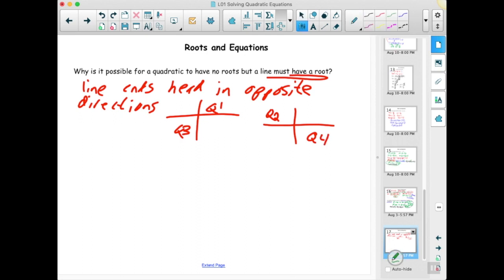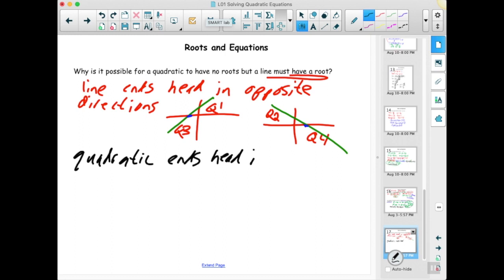So the line can start here, and it can end there, or it could start here and end there. Because the lines' ends head in opposite directions, you're going to be forced to cross the x-axis. However, for a quadratic, the ends head in the same direction.